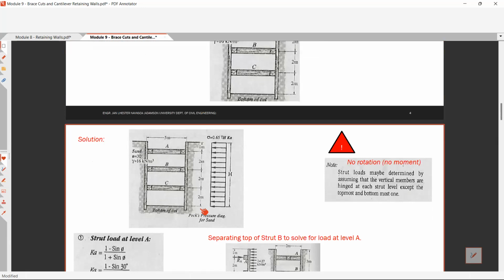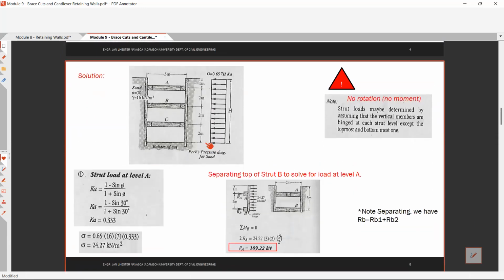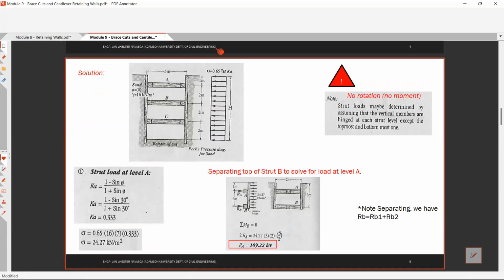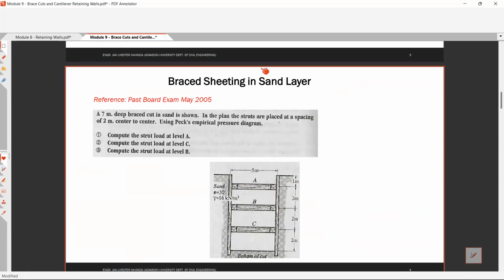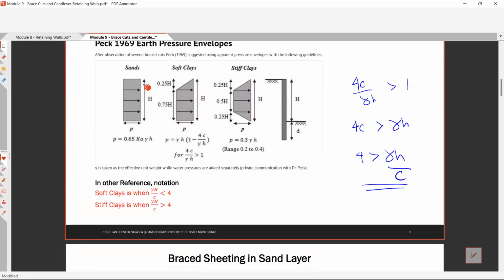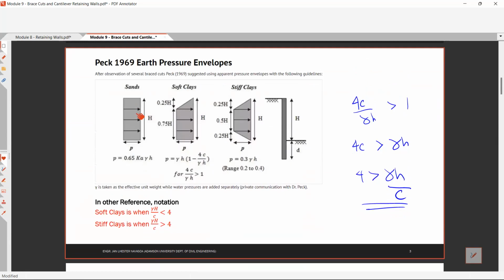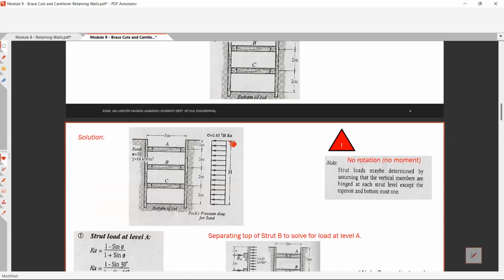Okay, so for the solution, using the sand Peck empirical pressure diagram. So this is sand, so basically our diagram is just this.